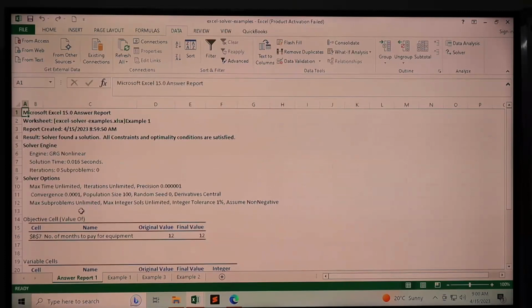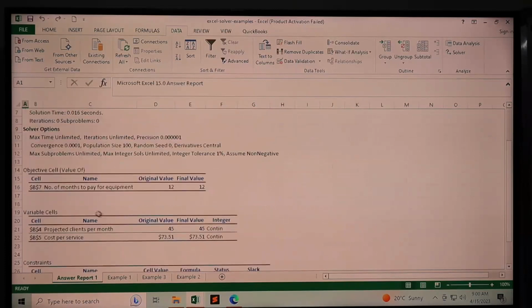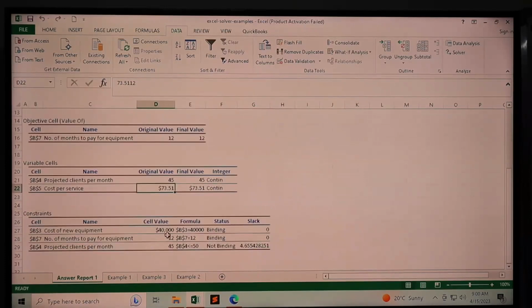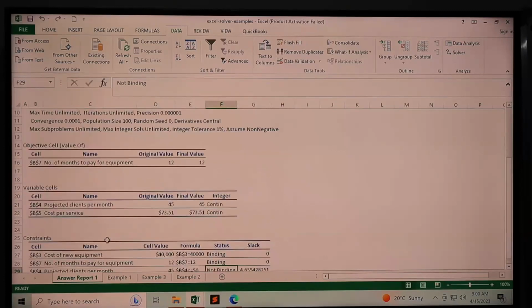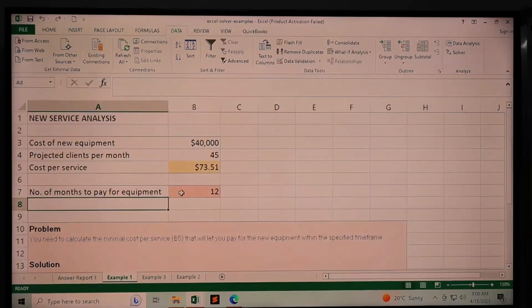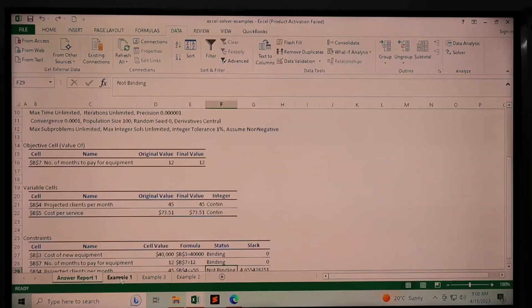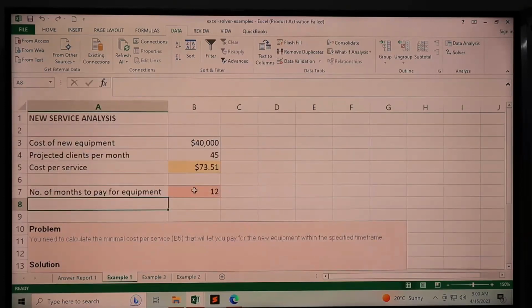The solution it has computed. Remember that our data was already computed. The projected value was this. Initially we had this. Then this was the amount, 12 months. So it was already computed. Let me change this to the original data, and then you can run it again and see how this solution gives.